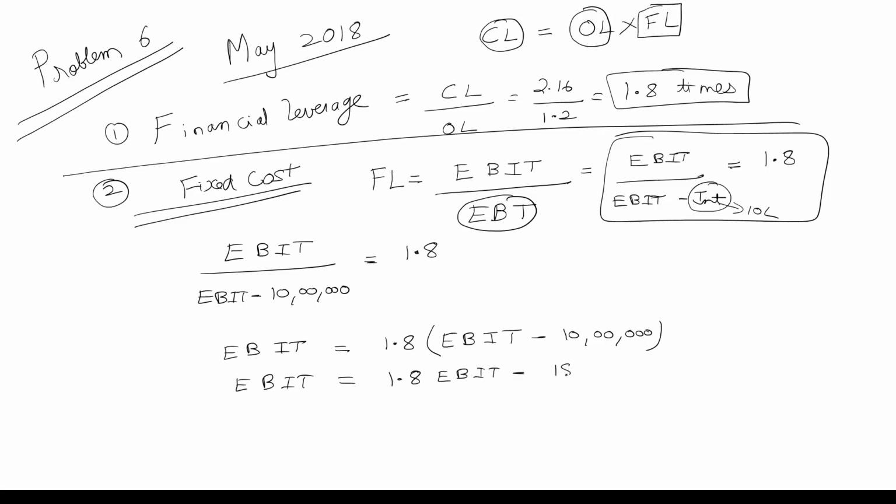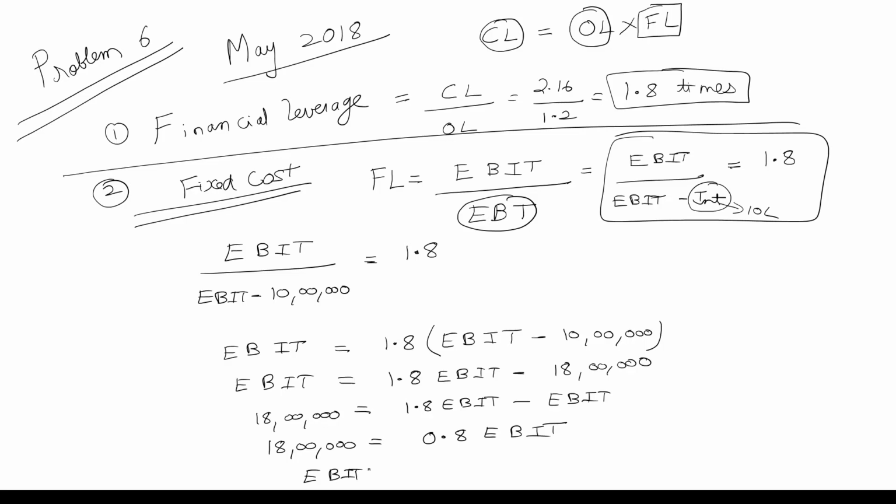EBIT minus 18 lakhs. So bringing things to the other side, 18 lakhs is 1.8 EBIT minus EBIT, which means 18 lakhs is equivalent to 0.8 EBIT, which means EBIT is equivalent to 18 lakhs divided by 0.8, and let's see what that is.